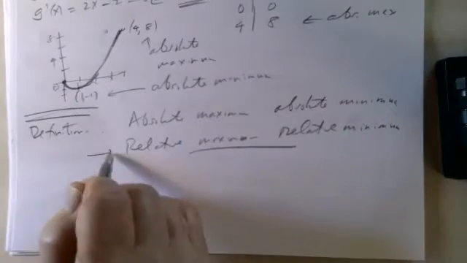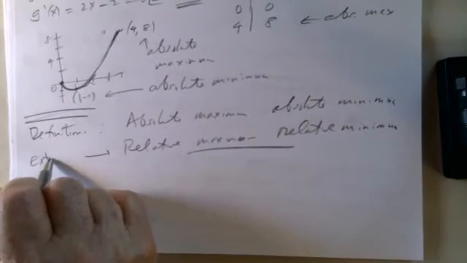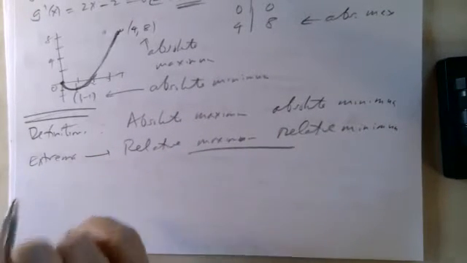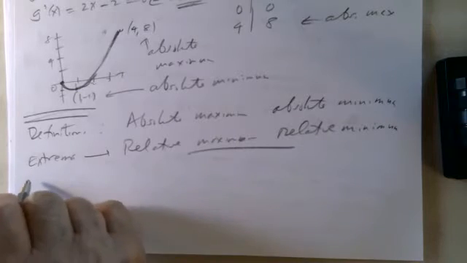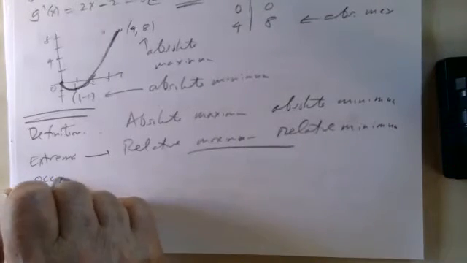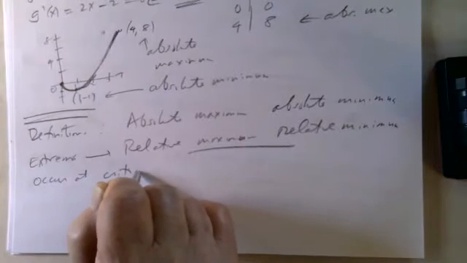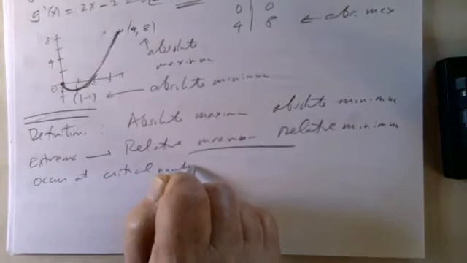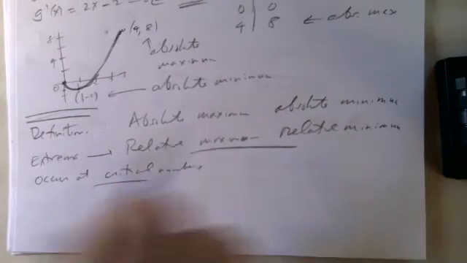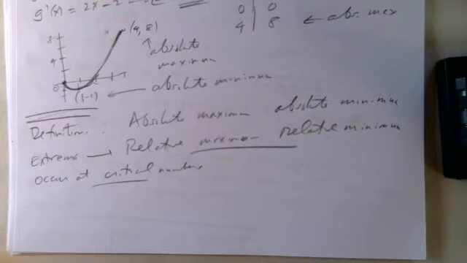And these are extreme points or extrema of the function. You look for the value of the function at the various critical numbers. And with the absolute max and absolute min, you also have to look at the value of the function at the endpoints of the interval if you're on a closed interval.